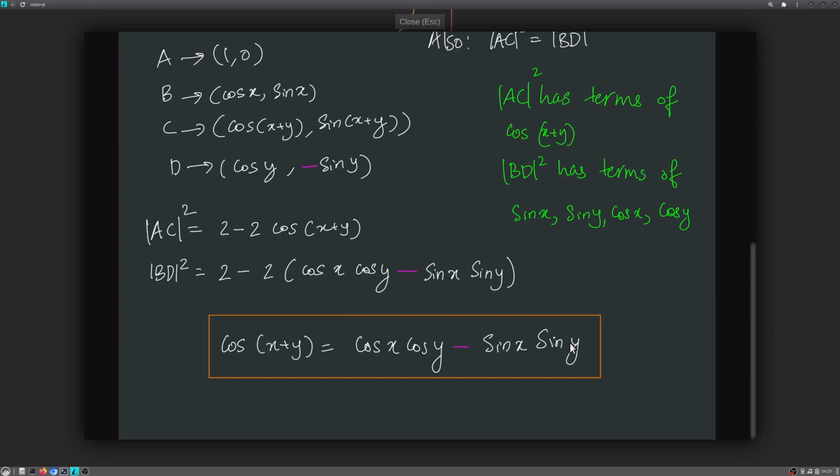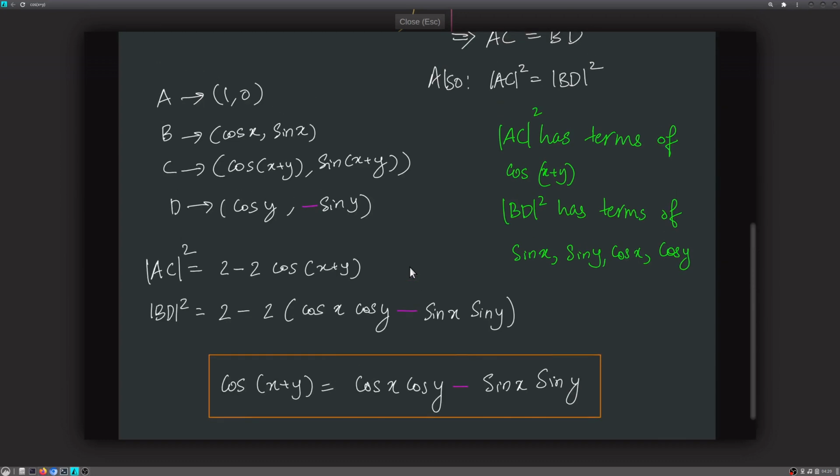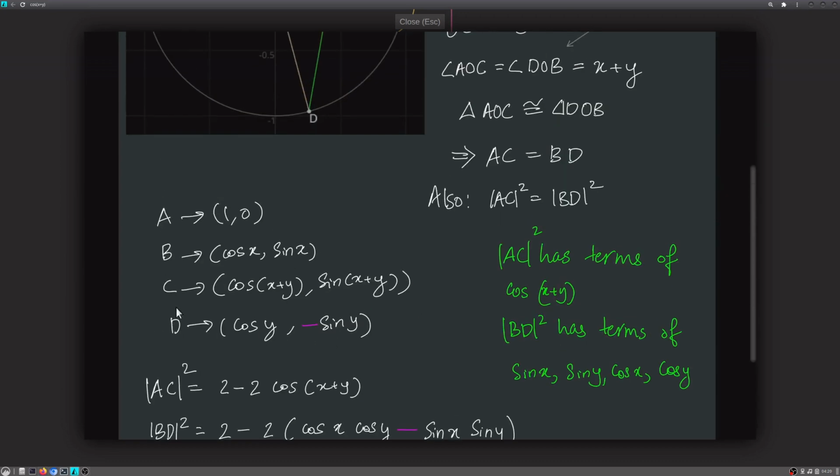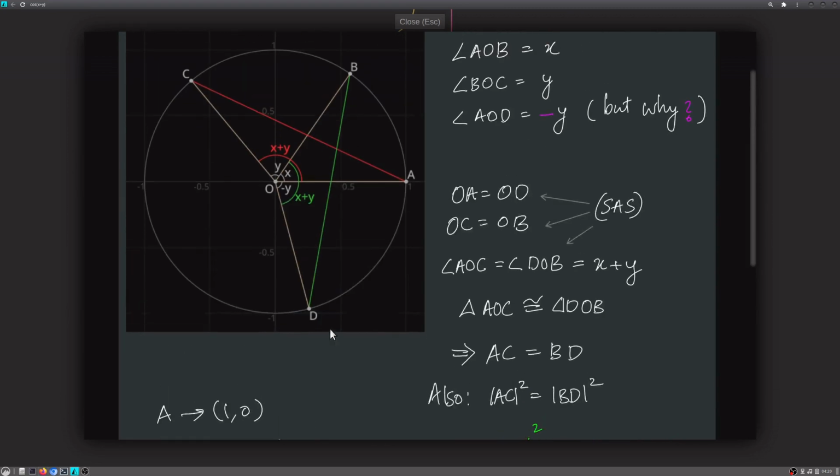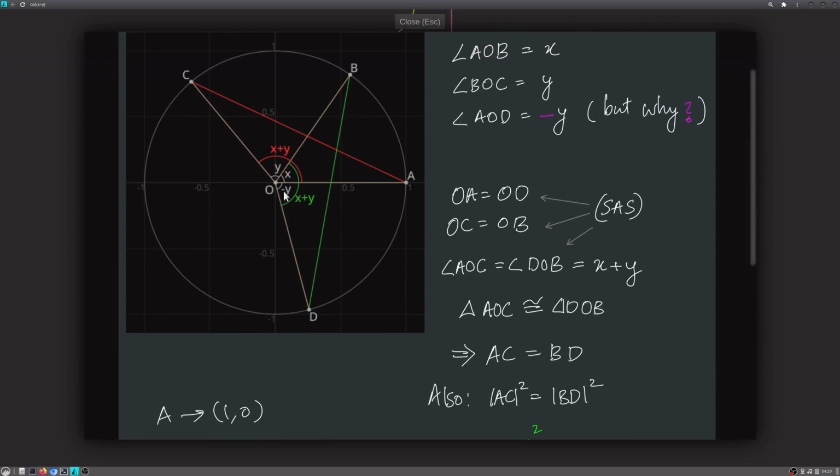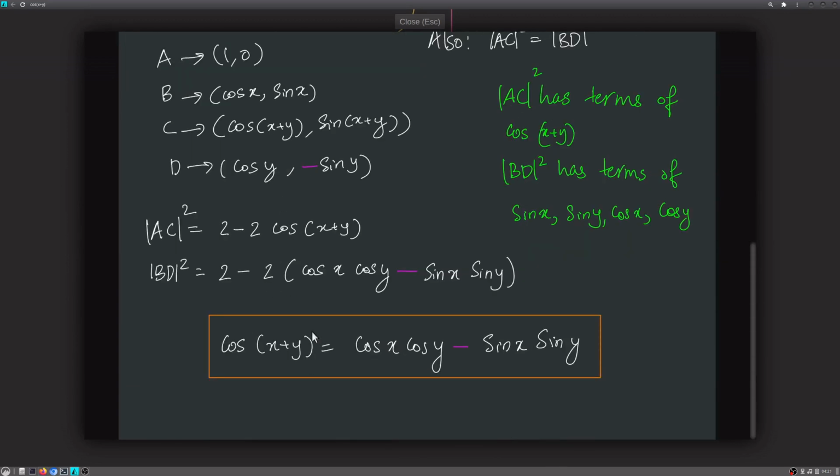Yeah, that's the result. Whenever we see a minus in our result, we should always check where it came from. This minus came from here, which came from the coordinates of D, which is sitting here, and that came from this minus Y sitting here. And this term came from the single angle case, which is this one, and this term came from the double angle case.